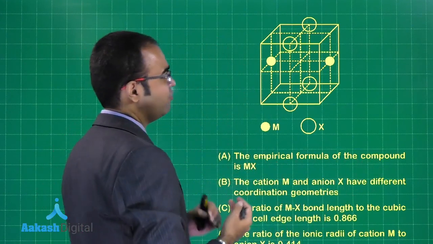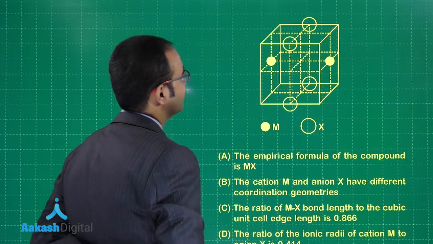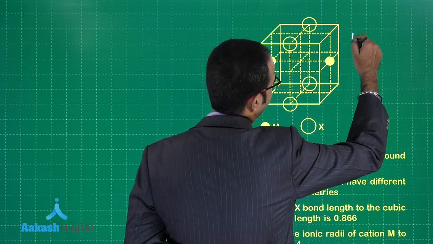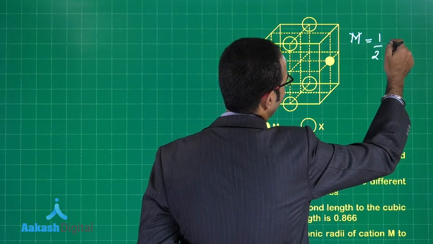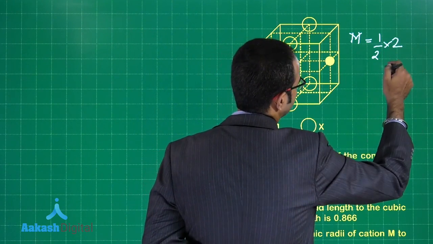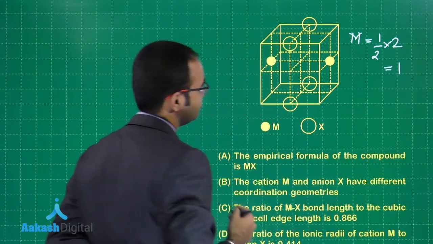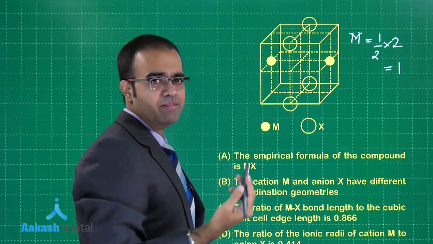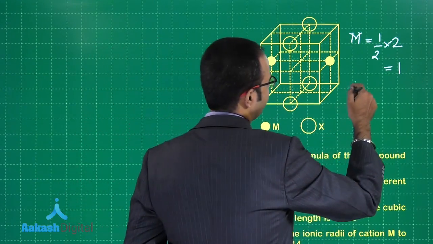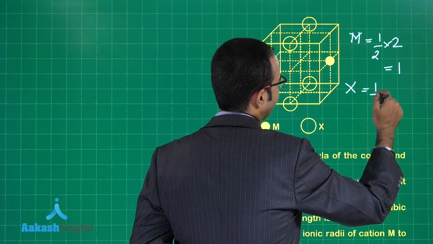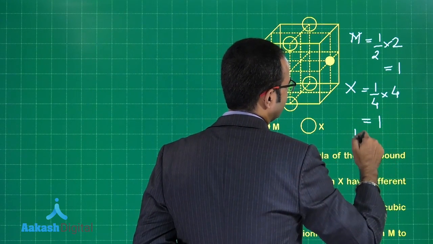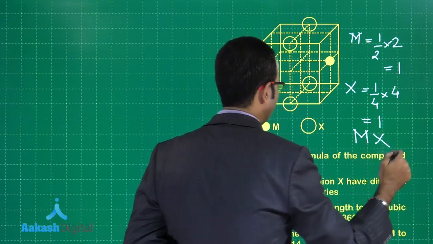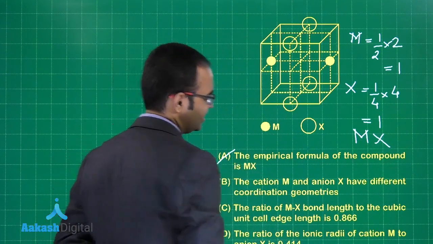We'll have to check. The contribution made by M is half of 2, so that is 1. The contribution made by X is 1 by 4 of 4, so that is 1. So formula is MX. So option A is correct, guys.